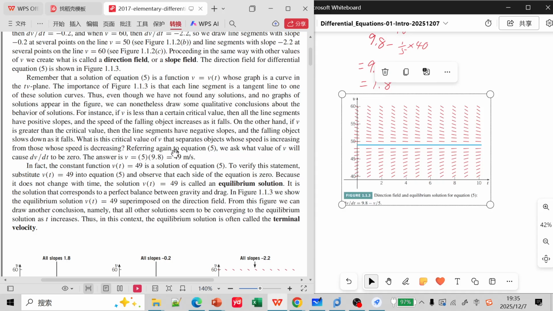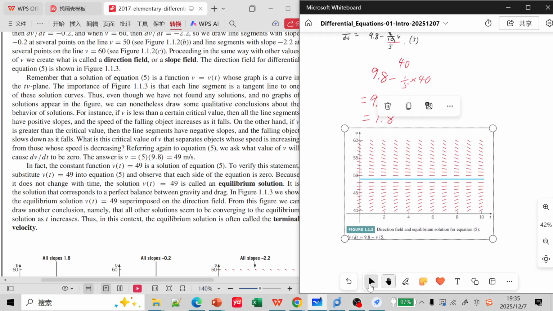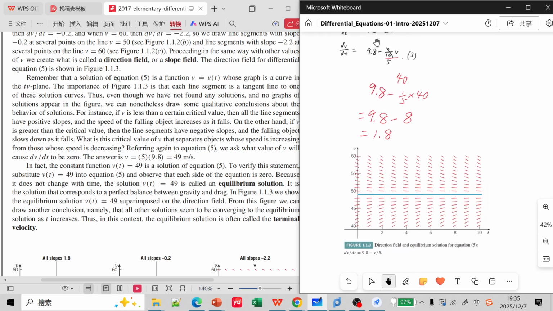What is this critical value of v that separates objects whose speed is increasing from those whose speed is decreasing? Referring again to equation 5, we ask what value of v will cause dv over dt to be 0. The answer is v equal to 5 times 9.8. So how does it come about?